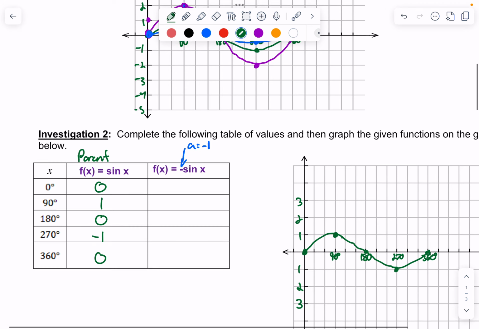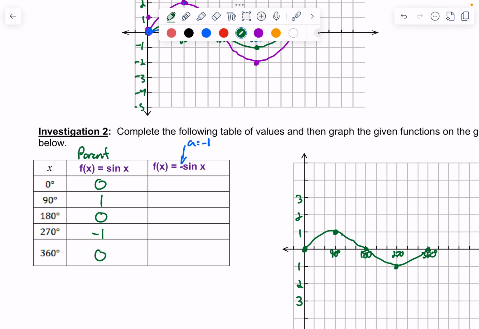But now we have this A of negative 1. So you're still valuing the function at 0 degrees. So you have negative sine of 0 degrees. As always, evaluate this first. That ends up being negative times 0, giving you 0. So this would be negative sine of 90. That would be negative 1, giving you negative 1.